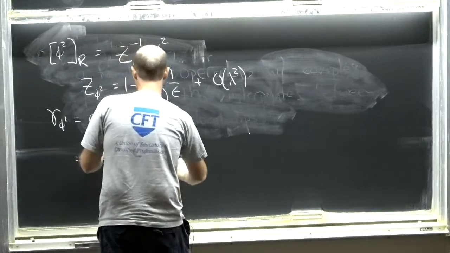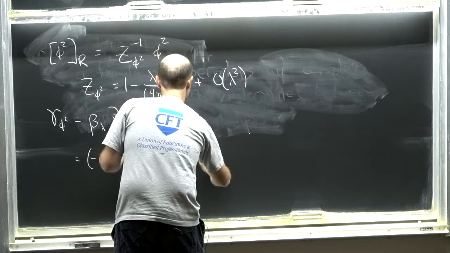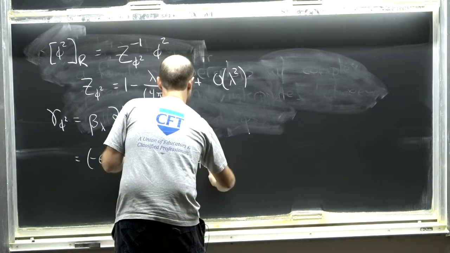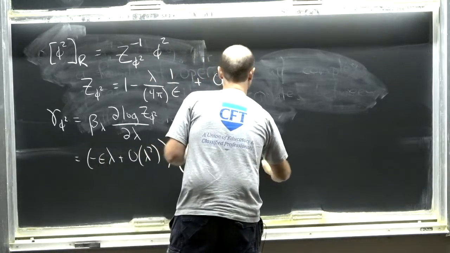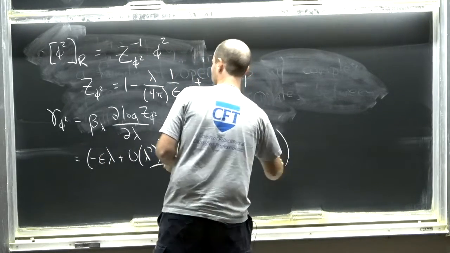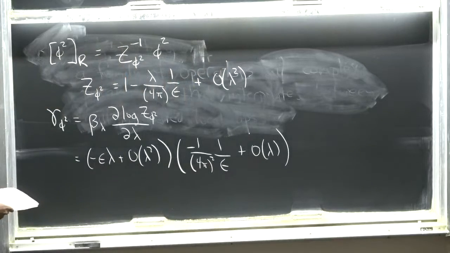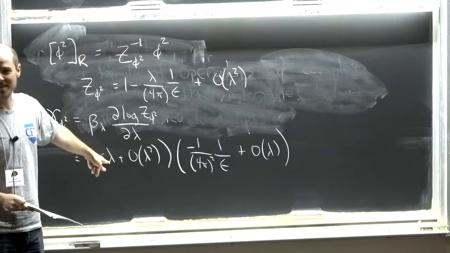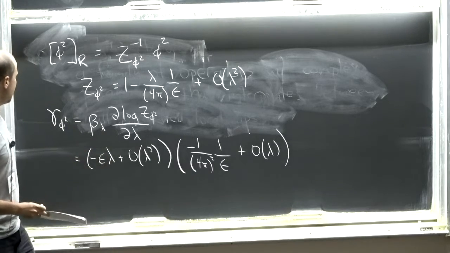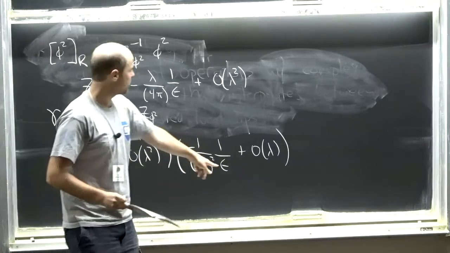And then times this derivative with respect to lambda gives us minus 1 over 4 pi squared, 1 over epsilon, plus order lambda. And this is really wild, but the epsilon term in the beta function really matters here. Okay, you've got to keep it to get this correct. And the epsilon here cancels the epsilon here.